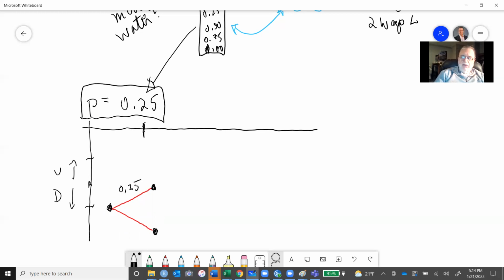If you go down, it's 1 minus 0.25. It's the other thing. Okay, and we can interpret this almost as a probability of an up movement.